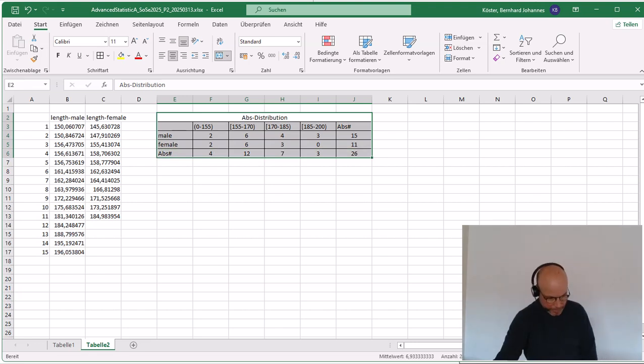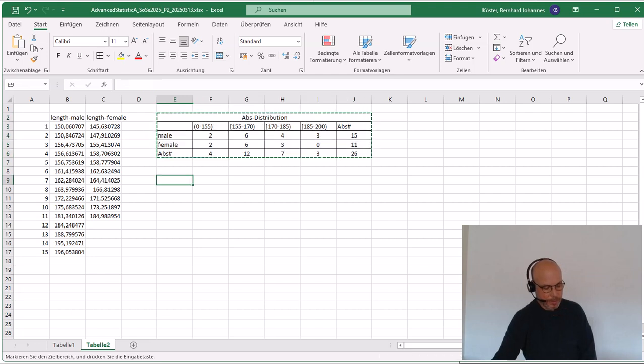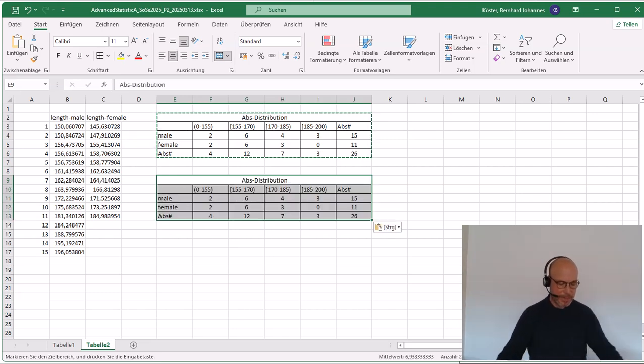Well, and then in order to make statements about probabilities, we have to calculate the relative distribution.